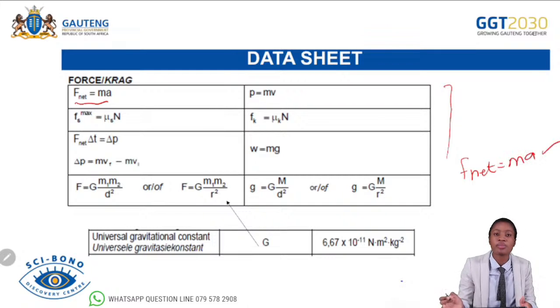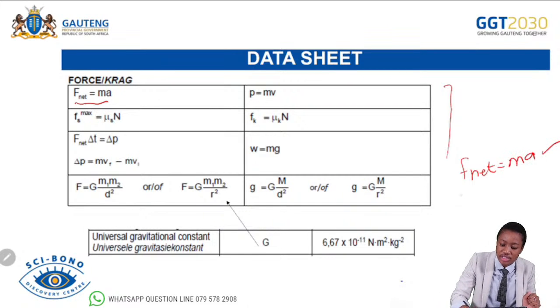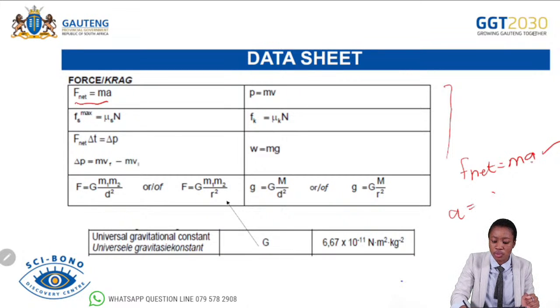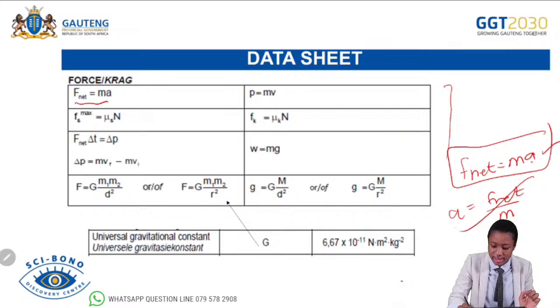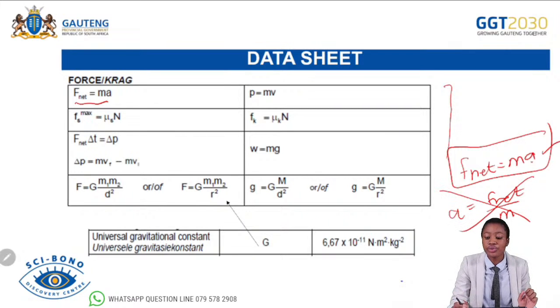This is a mark on its own. Do not rearrange it and write it in the form of making a the subject of the formula, where you have a equals F net over m. Write it like that, this is no mark for you. This is definitely a mark. So when regarding the data sheet, copy it as it is.